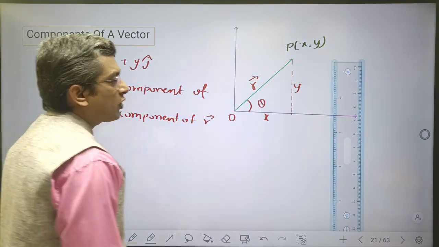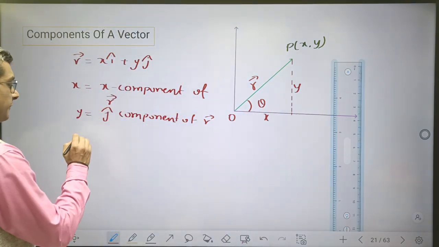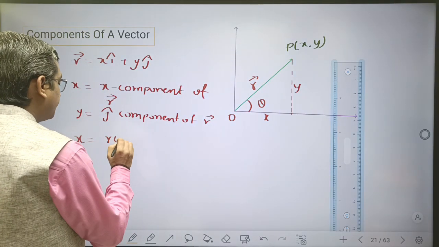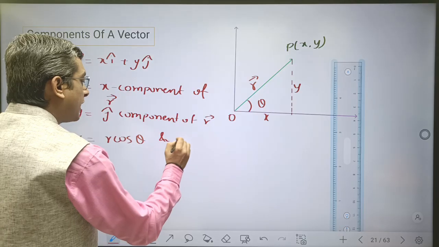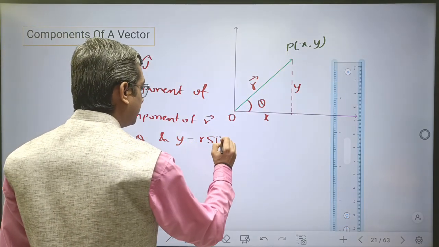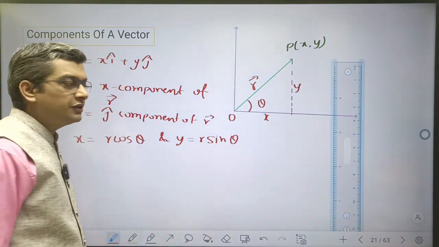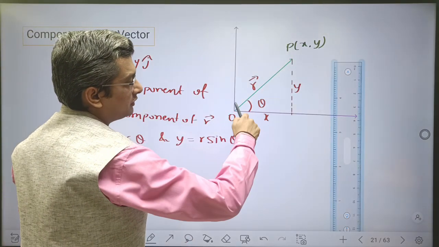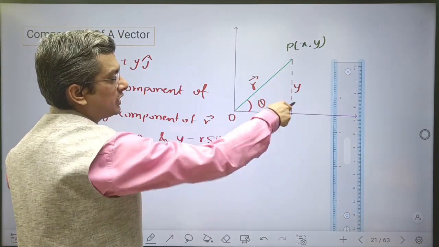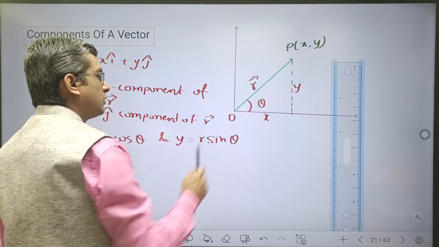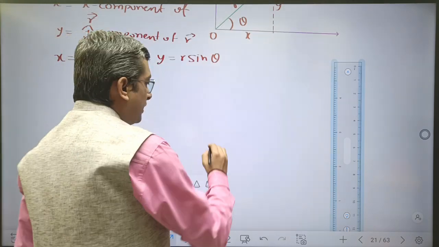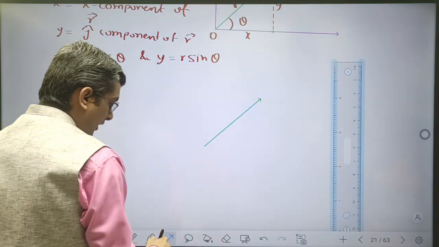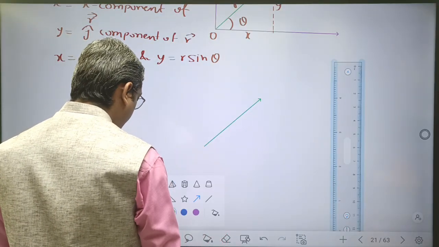Now if you observe carefully, x is given by r cos theta, and y is given by r sine theta. So this is very simple, dear students. You can apply the same trigonometry formula: sine theta is given by y by r, so y is equal to r sine theta. So any vector, suppose I am drawing this vector and plotting it.